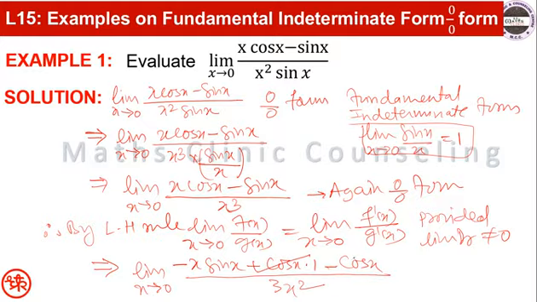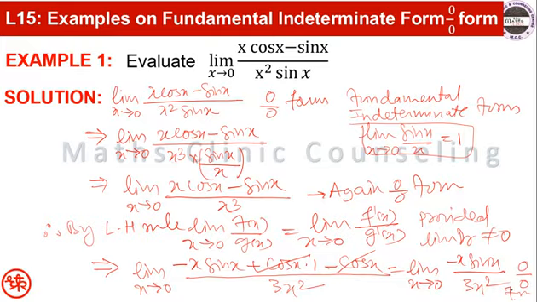This cos x minus cos x gets cancelled. So it is equal to limit x tends to 0 of minus x sin x upon 3x square. Check again what its form is. Again it is 0 by 0 form.